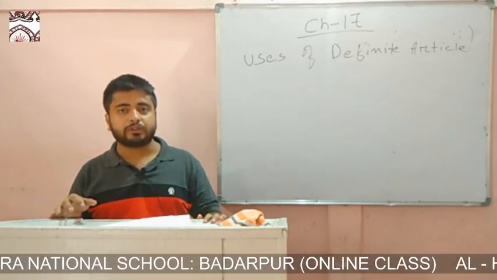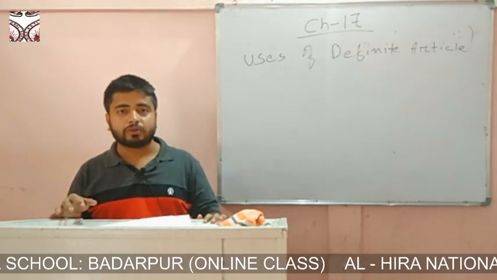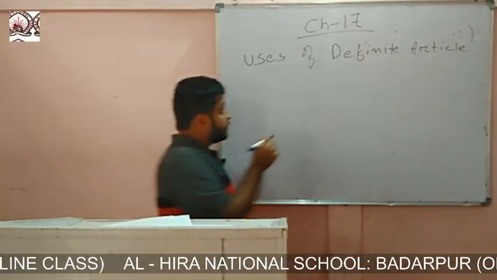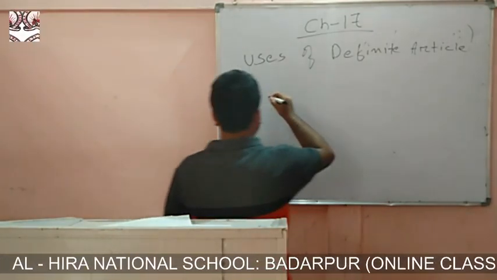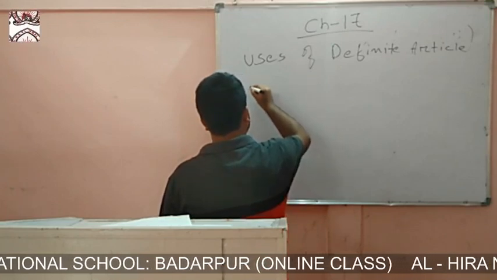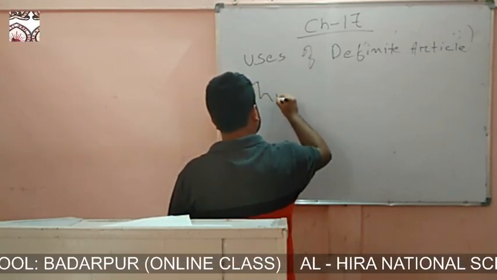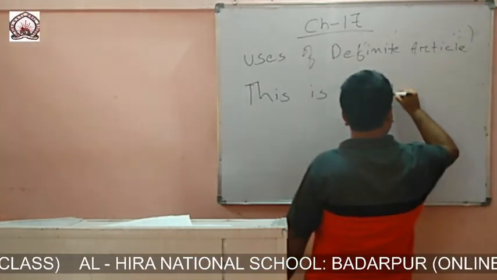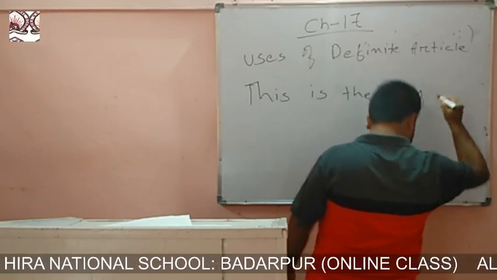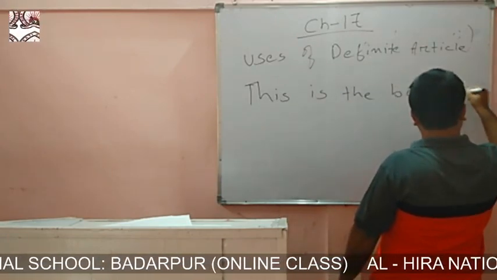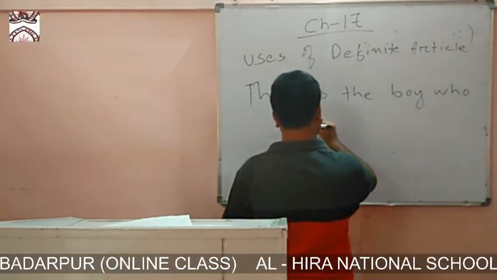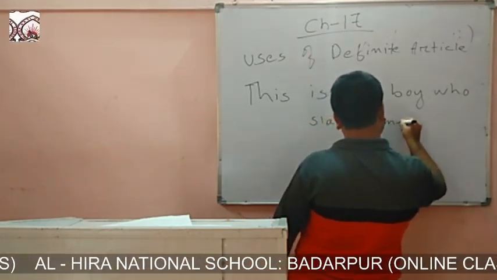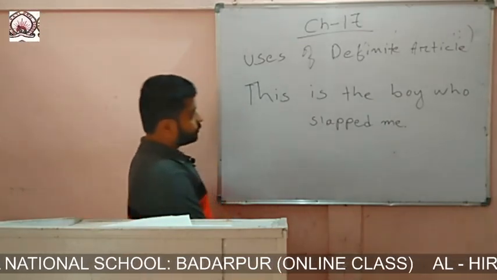First is when we speak of or refer to a particular thing or person. For example, let me write a sentence to make it more clear to you. This is the boy who slapped me.